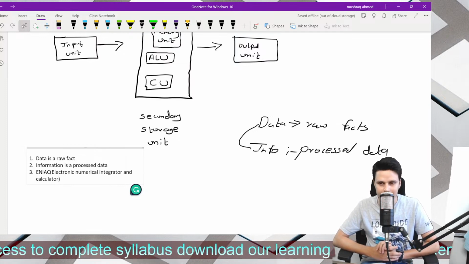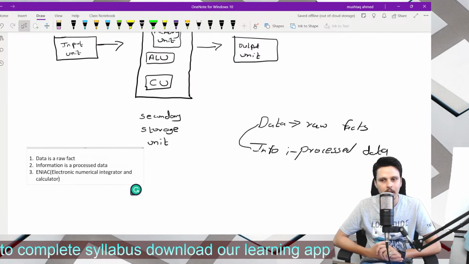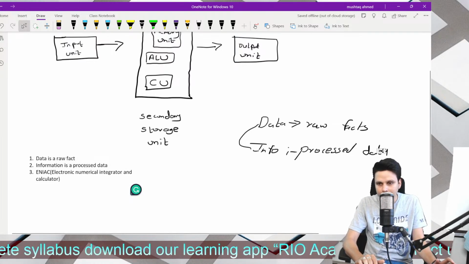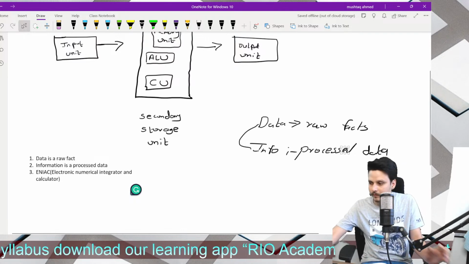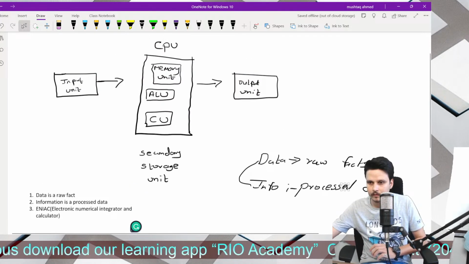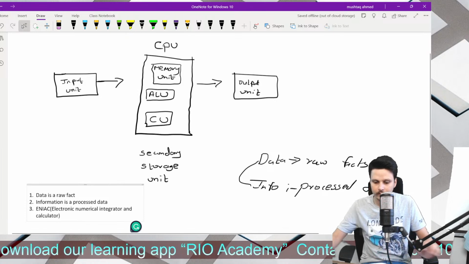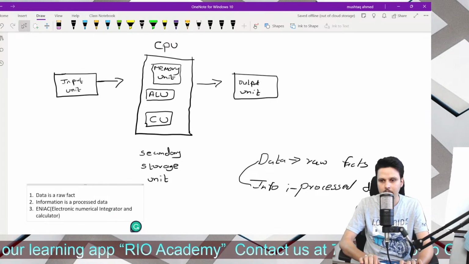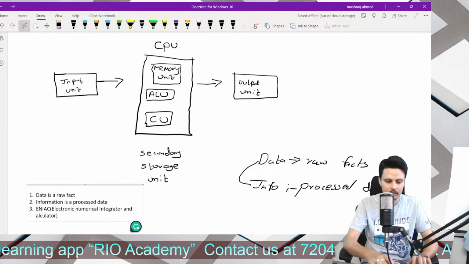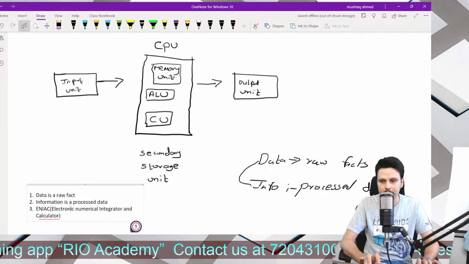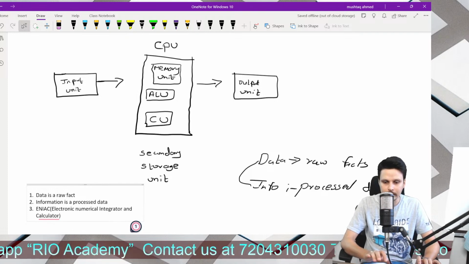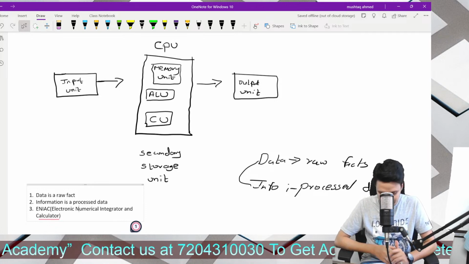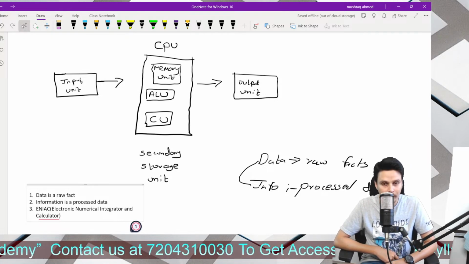ENIAC is the short form of Electronic Numerical Integrator and Calculator. What is it actually? ENIAC is the first electronic computer.